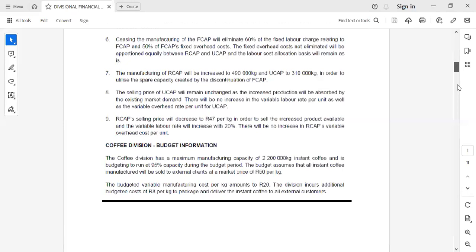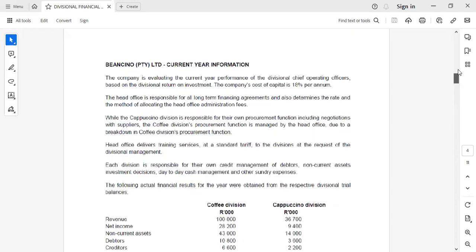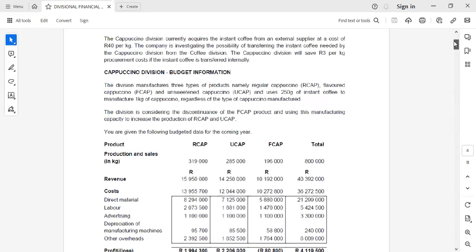First, I'm going to concentrate on the areas that have to do with division performance management. Then I'll come back to transfer pricing. But today I want to make sure that I am able to calculate the return on investment and residual income. I will use these questions to illustrate.